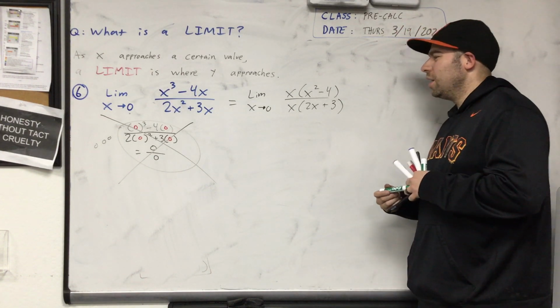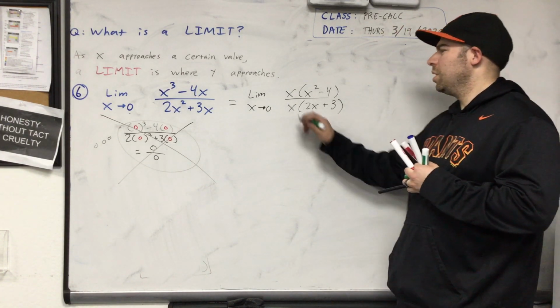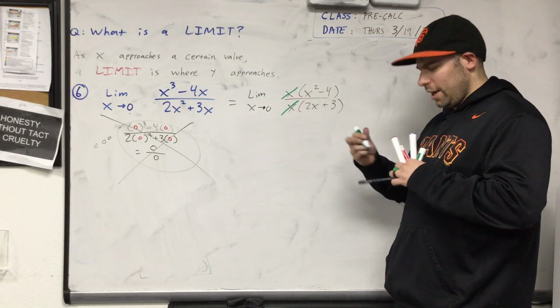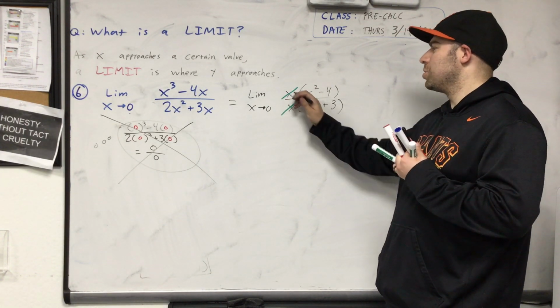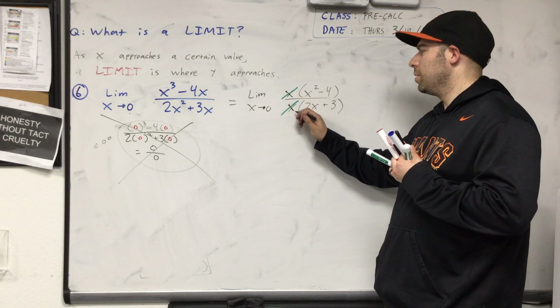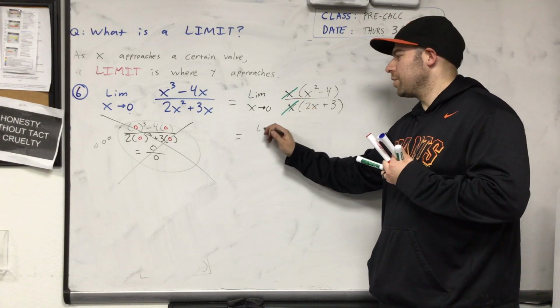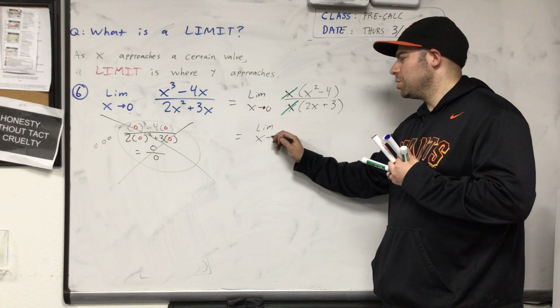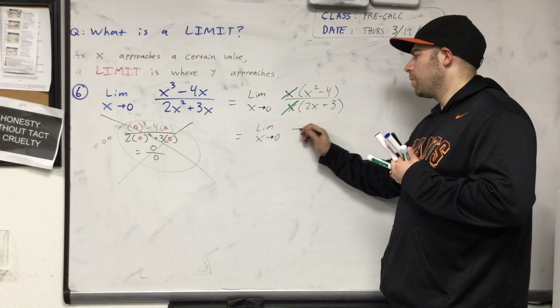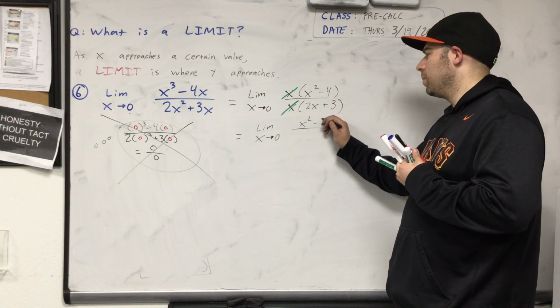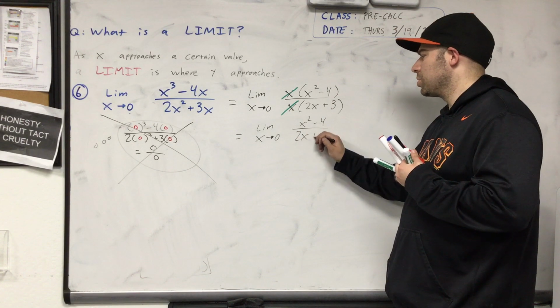Right? Oh, there's your problem. That x cancels out with the x. That was your 0 over 0 all along. So now we've got the limit as x approaches 0 for x squared minus 4 over 2x plus 3.